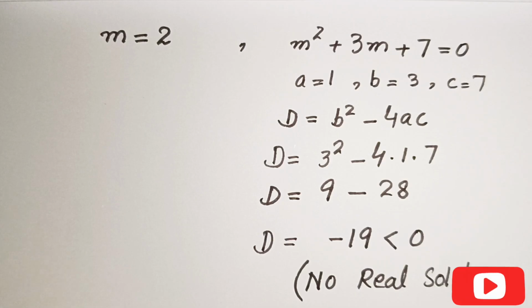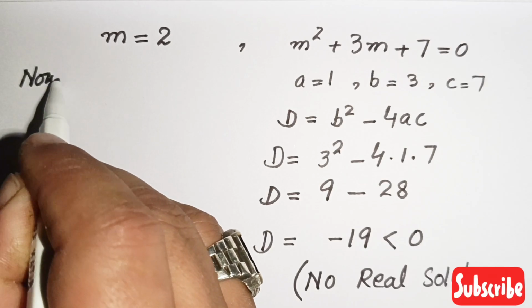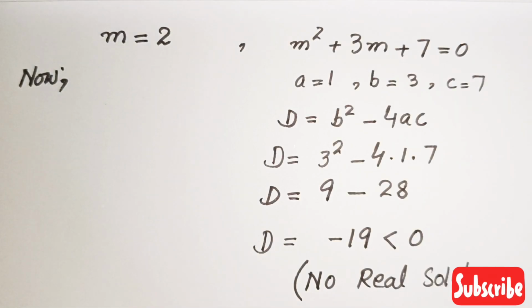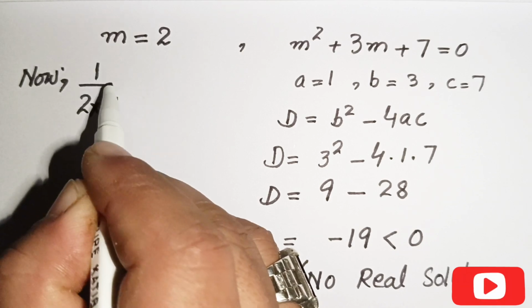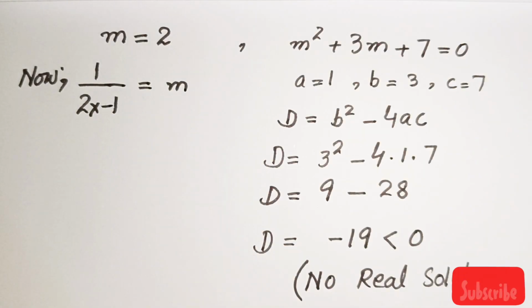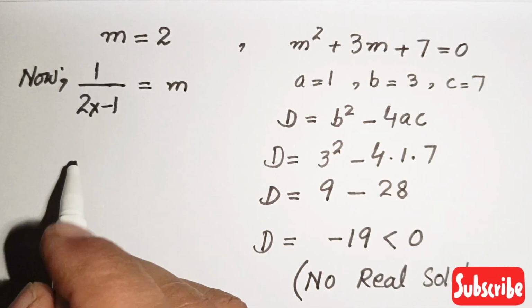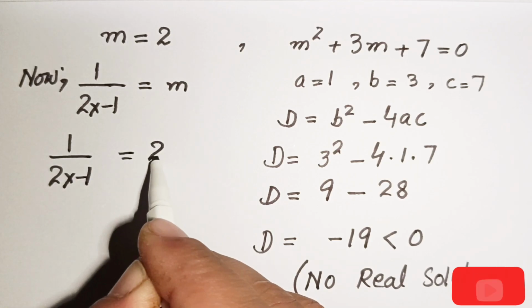So now here we just write this value of m. Now m is equal to 2, but we also know that 1 over 2x minus 1 is equal to m, that we have just supposed. So putting it here, we get 1 over 2x minus 1 is equal to 2.